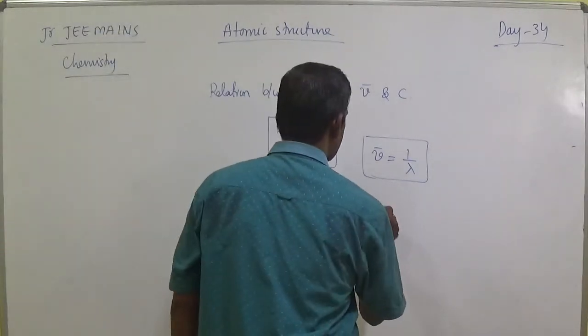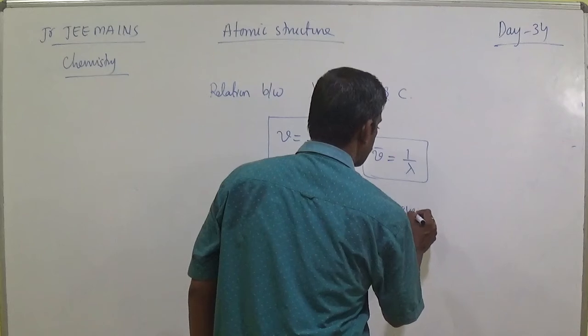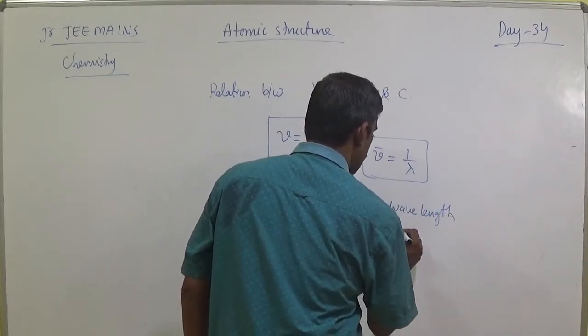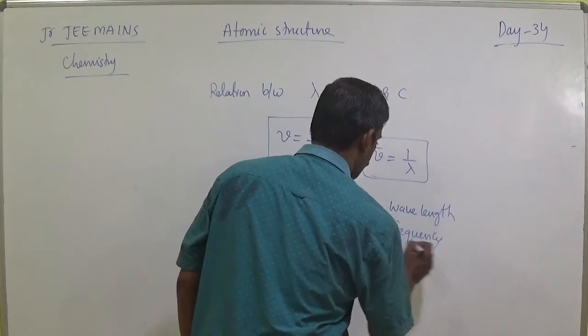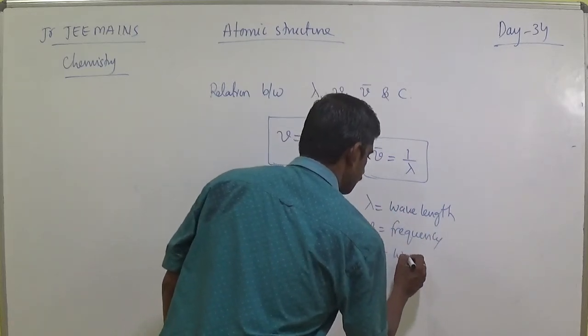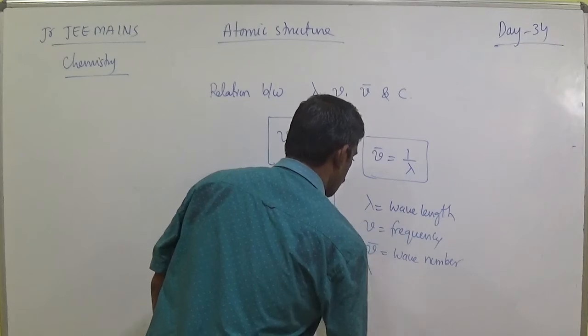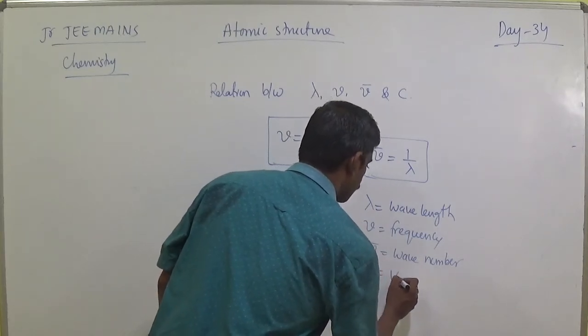Here in all these cases, lambda means wavelength, nu means frequency, nu bar means wave number, and C means velocity of light.